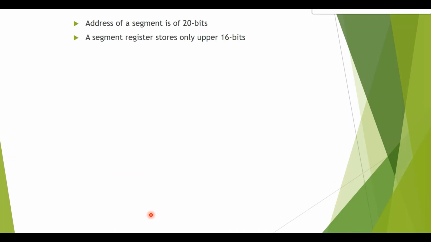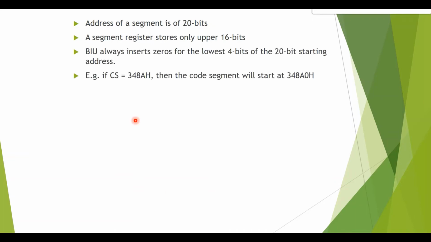Now to generate the 20-bit address, the BIU, that is the bus interface unit, is used. In the 8086 microprocessor, we divide the whole architecture into two units. One is the bus interface unit and another is the execution unit.